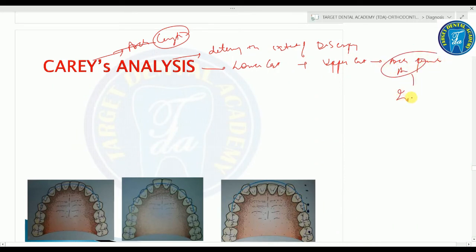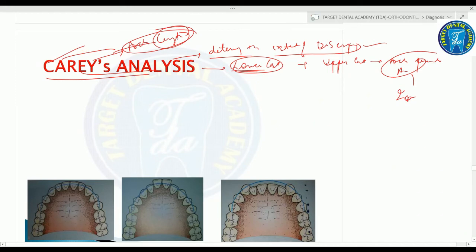Very important, commonly asked MCQ. Carey's analysis is usually done to check the arch length and determine the extent of the discrepancy. If performed on the lower cast, it is called Carey's analysis. If performed on the upper cast, it is called the arch perimeter analysis.